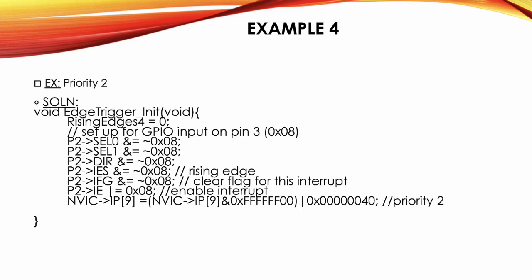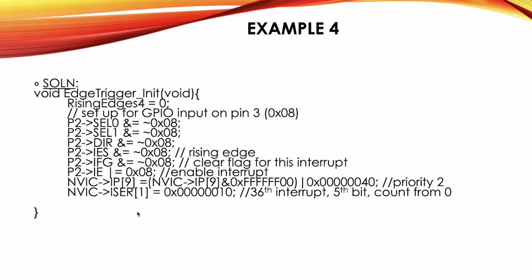And then I'm going to OR for priority 2. Priority 2 tends to be 0x40 in hex value, again because we only adjust the 3 most significant bits. So if I'm writing 2 to there, it looks like 0100, which is 4 in hex. That's where the 4 comes from.